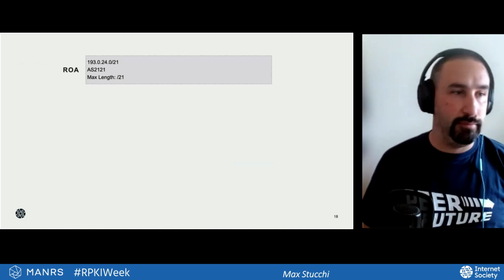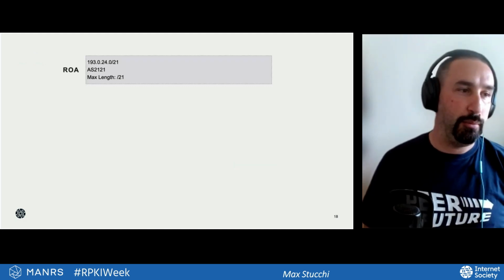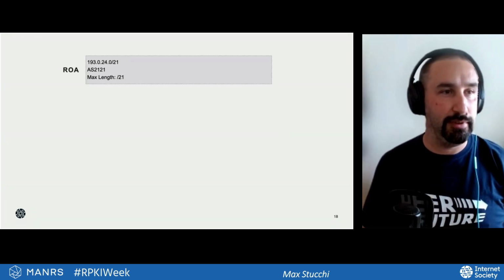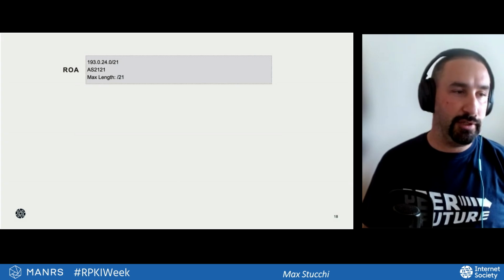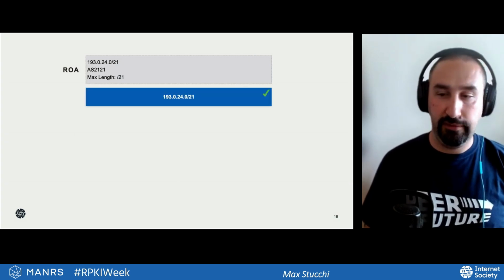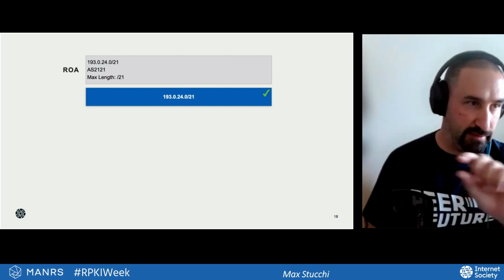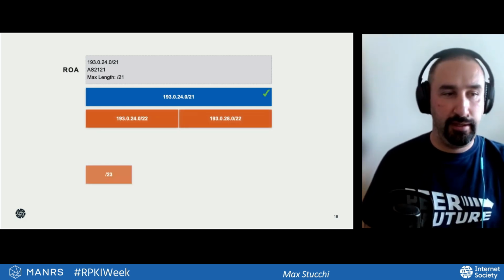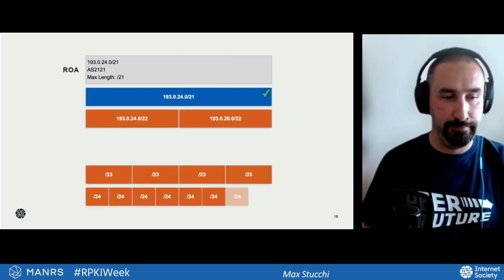So another example, we have this /21 with AS2121 as origin, and max length is /21. So basically, this covers just the /21 and nothing more specific.